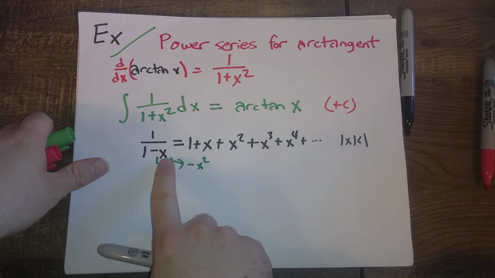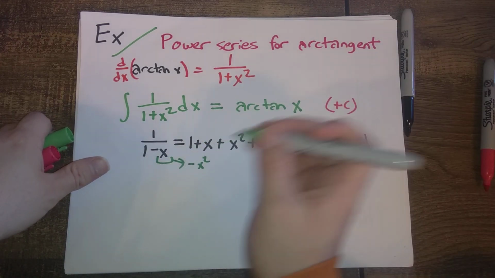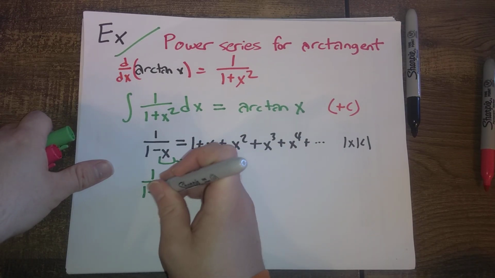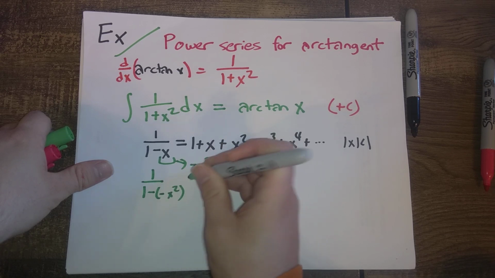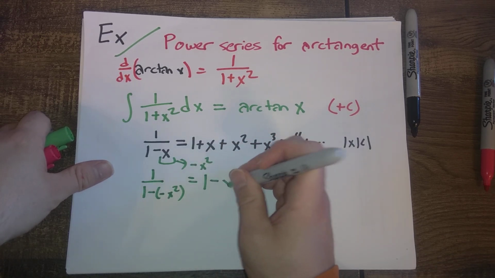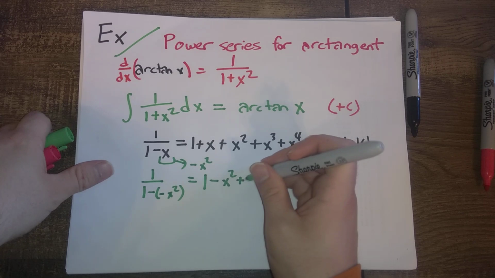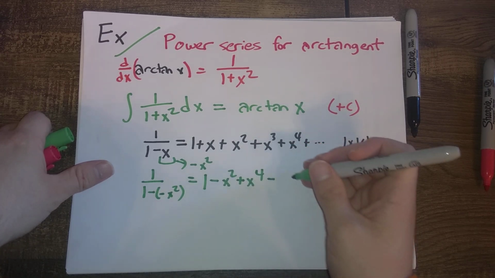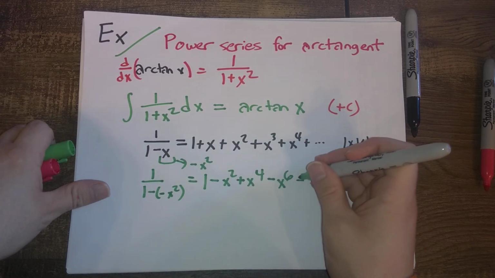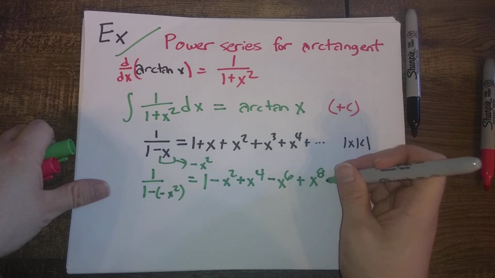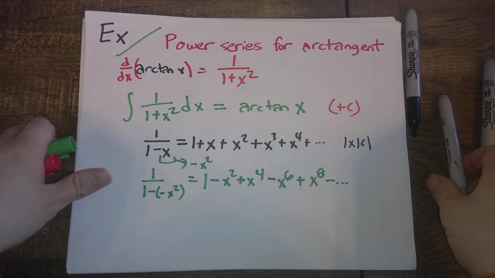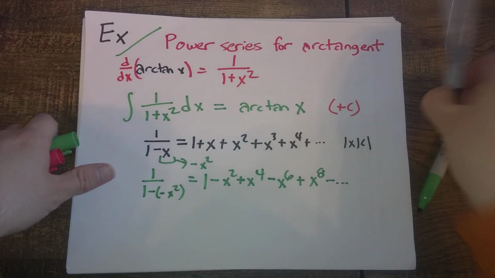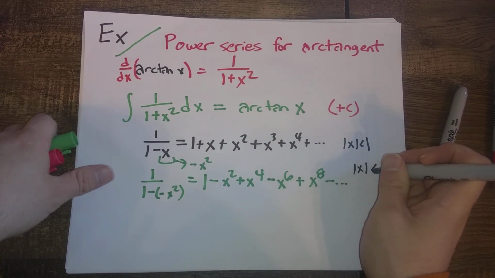So everywhere we see an x, we're going to plug in a minus x squared. So this gives us 1 minus x squared plus x to the 4th minus x to the 6th plus x to the 8th minus dot dot dot. And so this is still going to be valid for absolute value of x less than 1.